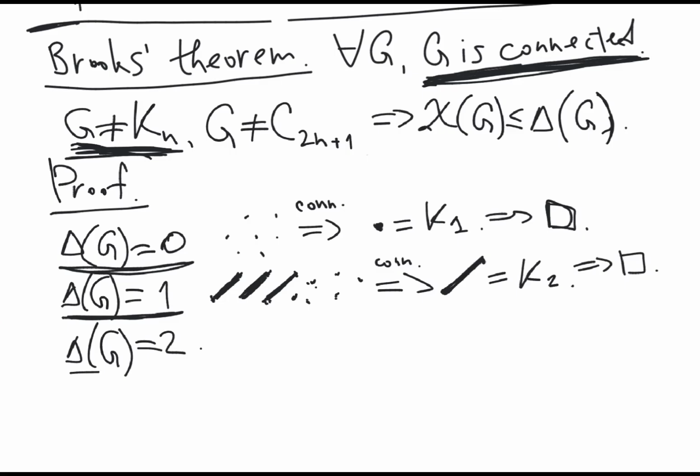Now the case when the maximum degree is equal to 2. Here any vertex is adjacent to at most 2 vertices. So when we start from some vertex, we move to the next vertex, we came here by one edge, there is at most one other edge, so either we stop or there is another edge.